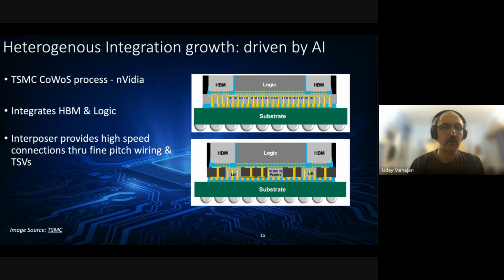And the latest generation of interposers that TSMC is making are also integrating more and more functions in the interposer itself, such as passive devices, such as high density wiring on small LSI chips.